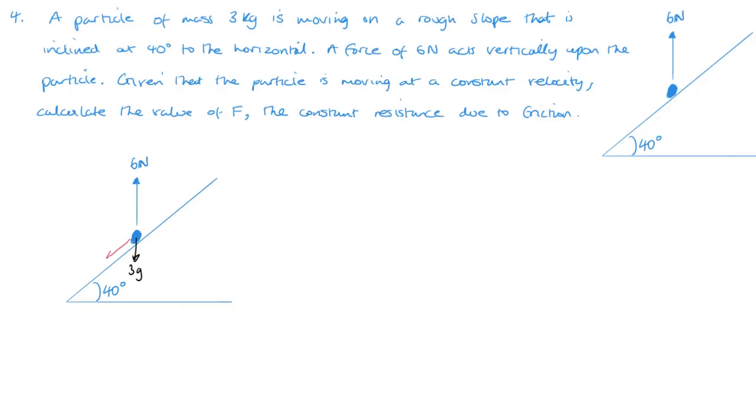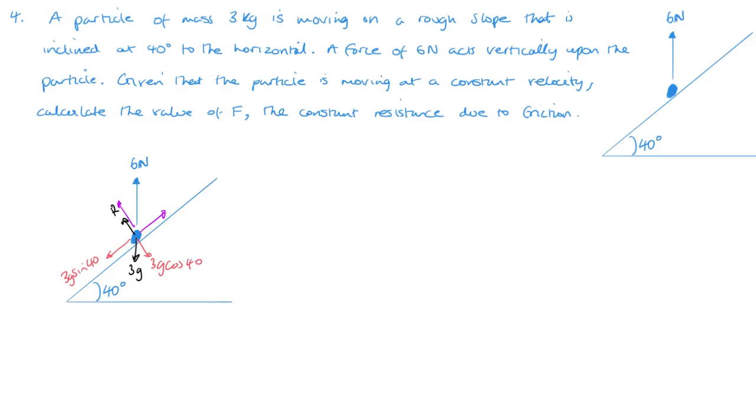So if I do the 3g one first, okay, this is going to be 3g cos 40 and 3g sine 40. Okay, this is going to have a normal reaction there, but from the 6 newton force it's going to act that way and that way, isn't it?